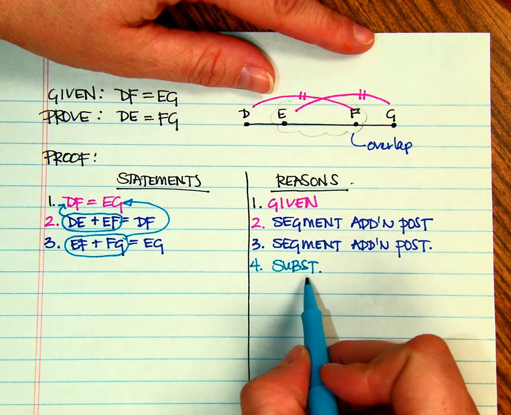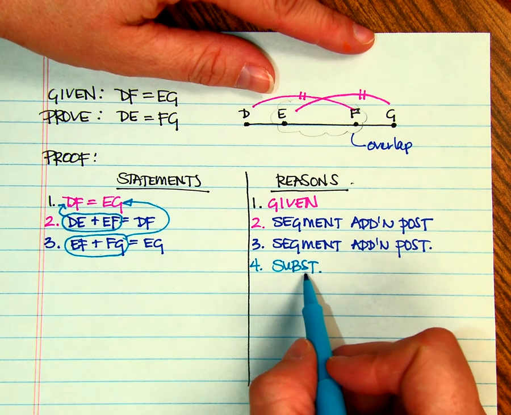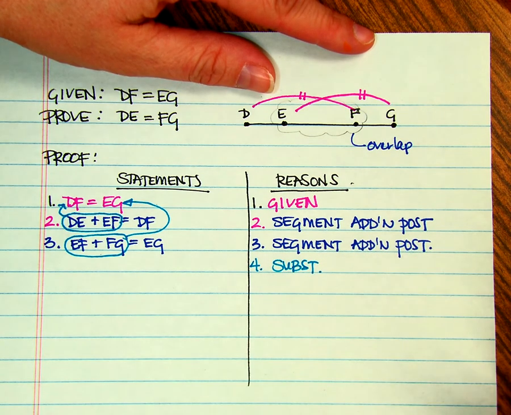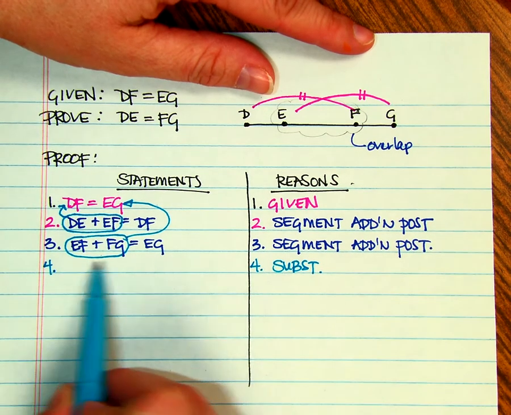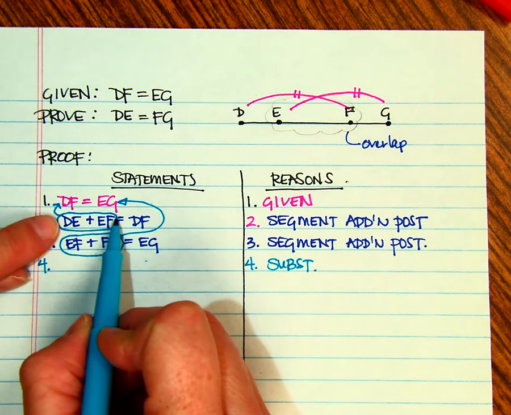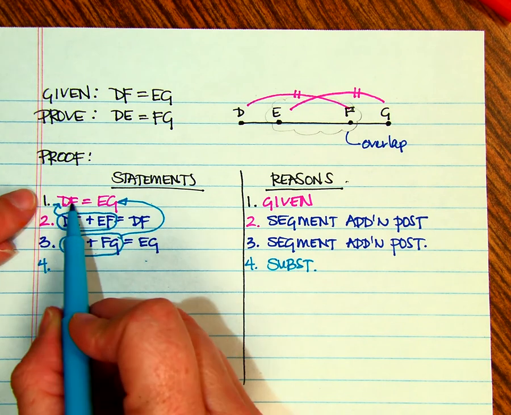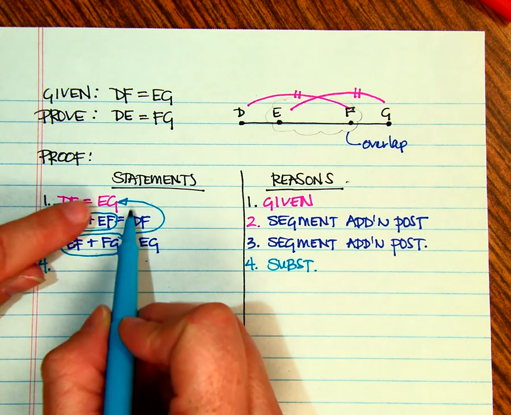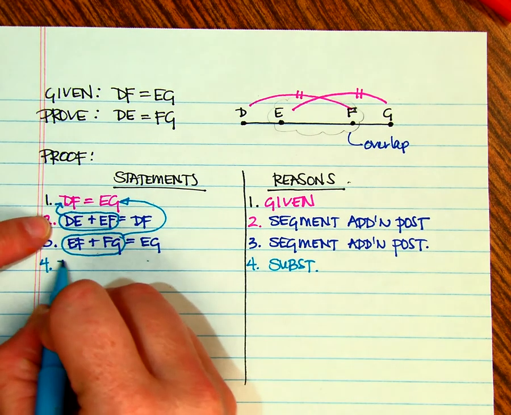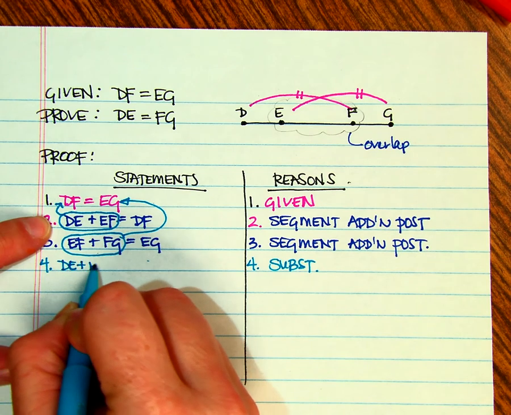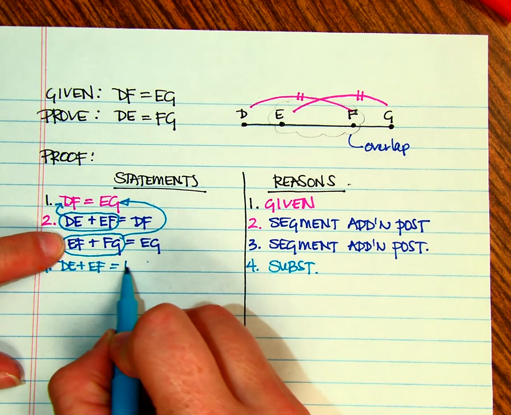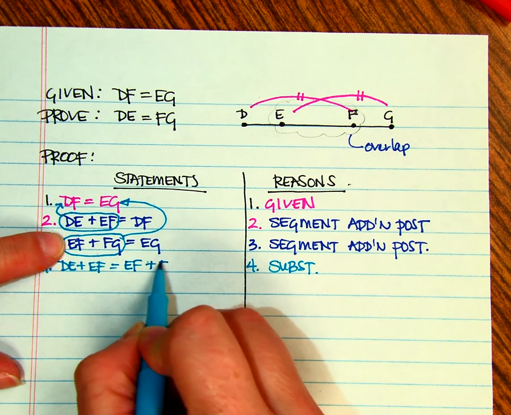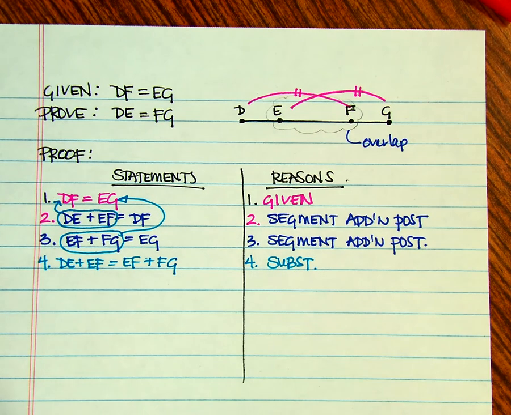Remember, with substitution, we do not abbreviate it SUB because we also have the subtraction property. So I need to figure out, what do I get when I put this piece into here and this piece into here? So I end up with DE plus EF that should equal EF plus FG.